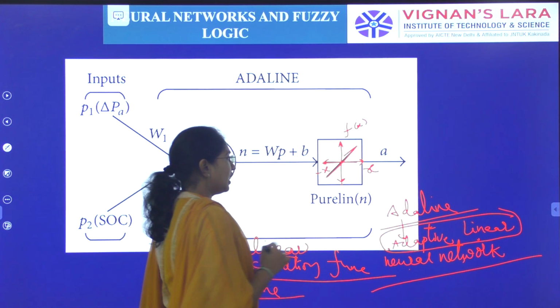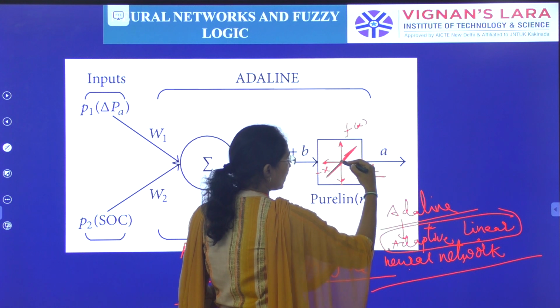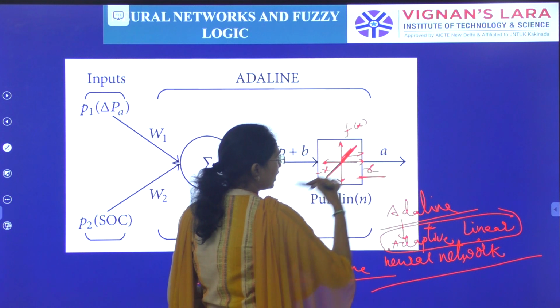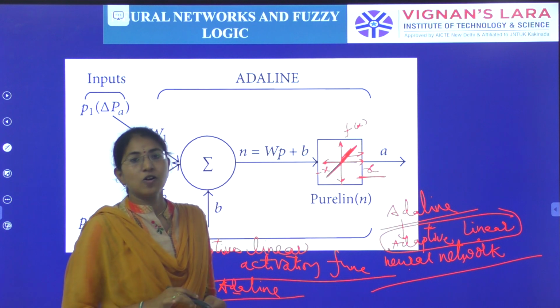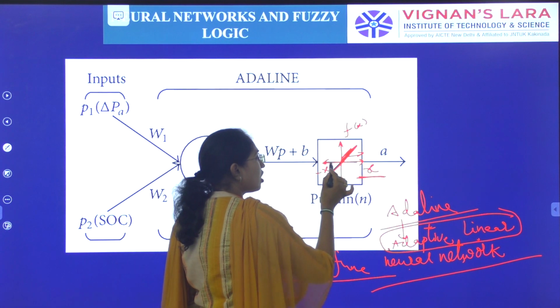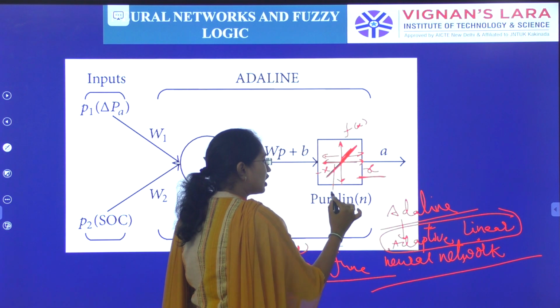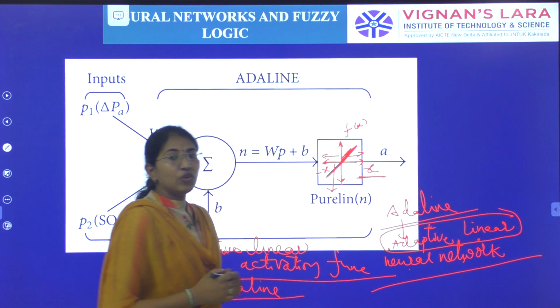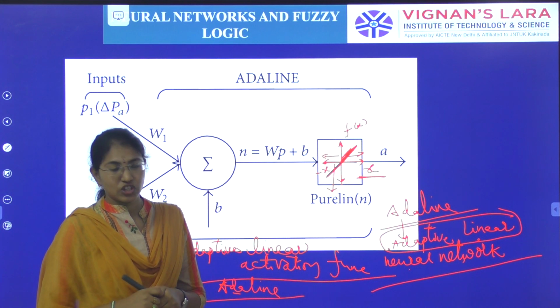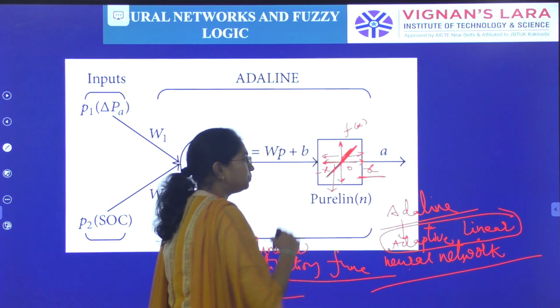If the input goes on increasing, f of x also goes on increasing in the positive direction. If x goes on increasing in the negative direction, f of x also goes increasing in the negative direction from point 0.